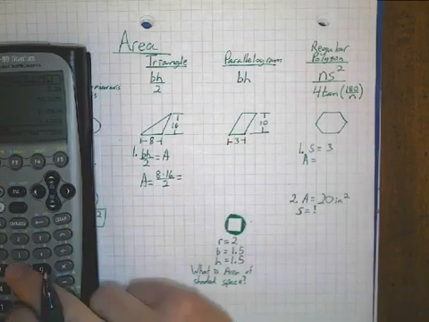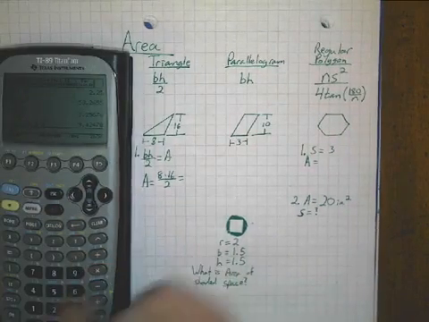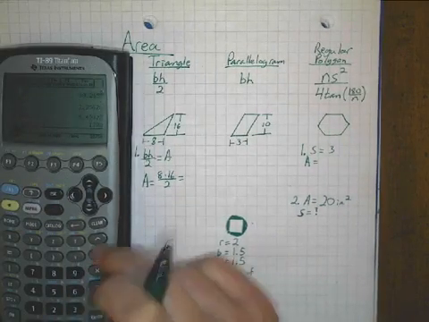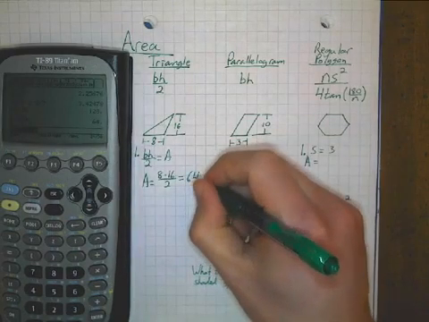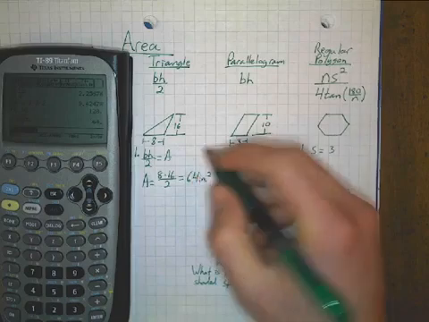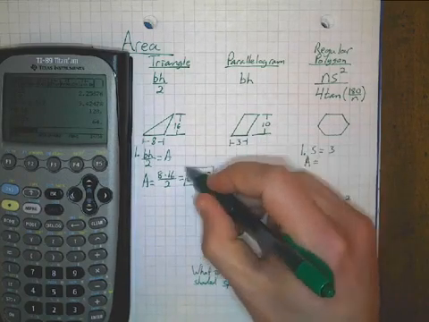So I'll take 8 times 16 divided by 2, and I get 64 inches squared. That one's pretty straightforward. You guys have seen that probably many times over.